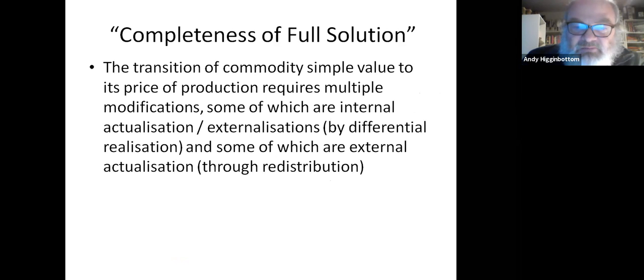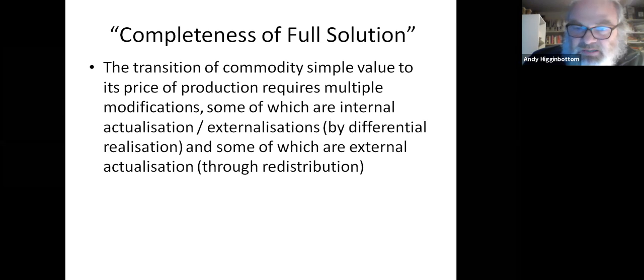There's another point that I made here, which is that the transition from commodities' simple value to price of production is not just one modification, but a whole series of modifications, some of which I would say are in the realm of realization, and some of them are in the realm of distribution of profits.